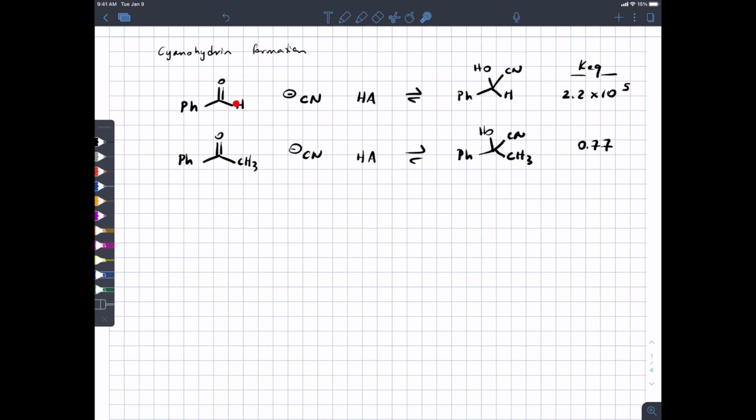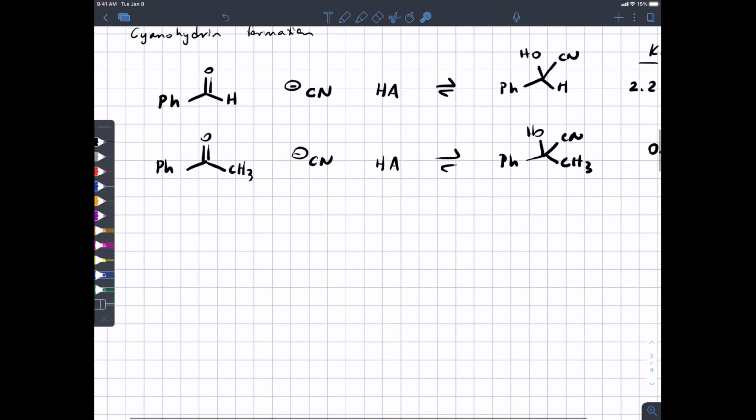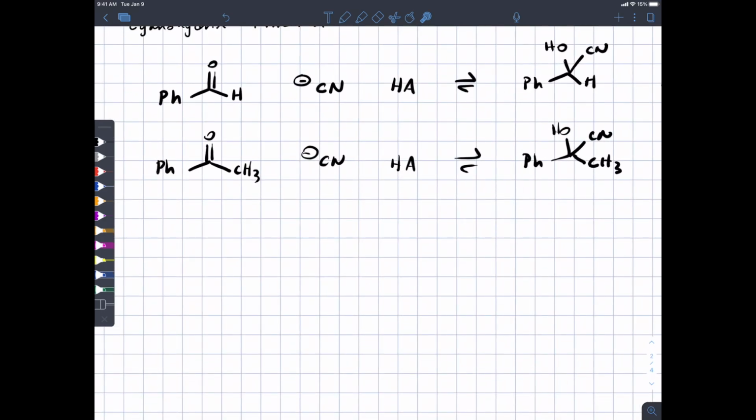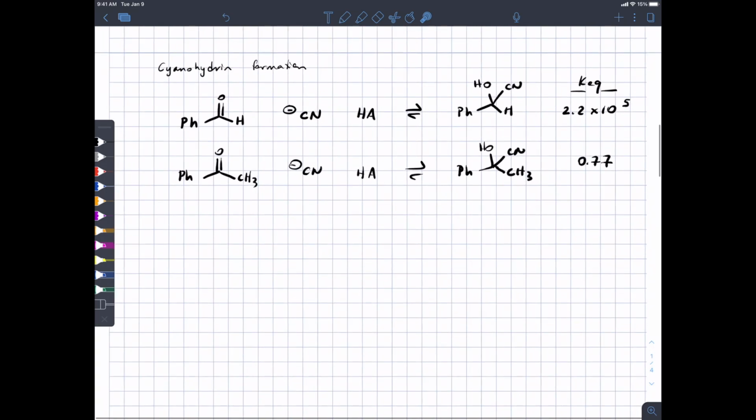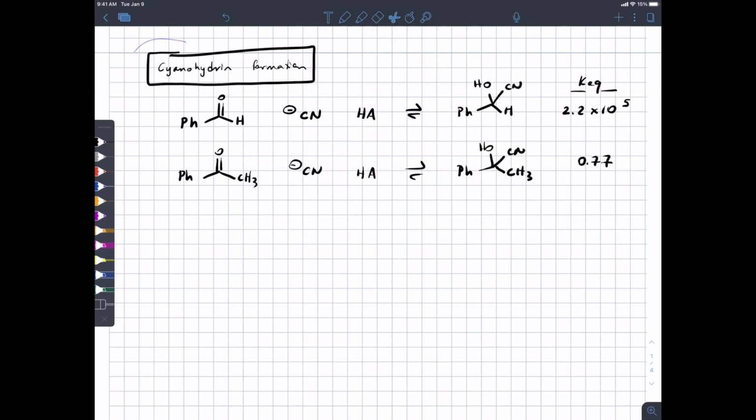If you compare having a proton there versus a methyl group there, you've got CH bonds that can be involved in hyperconjugation with the pi star, and that should make the LUMO higher in energy and therefore less easy to attack. And this just follows the trend that you probably learned about in undergrad organic chemistry, that aldehydes are generally more electrophilic than ketones.